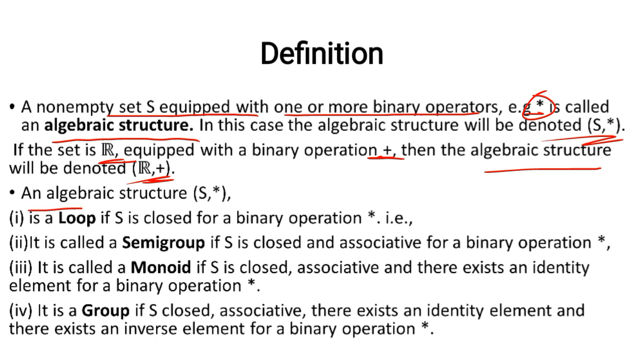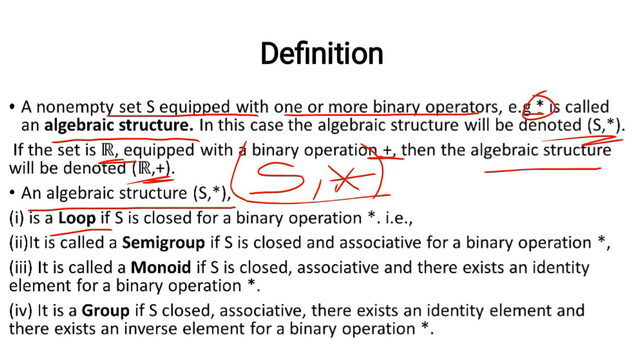Now, an algebraic structure means we have a non-empty set with any form of binary operation, which we call asterisk. This kind of algebraic structure is called a loop if it is closed. What do we mean by closed?